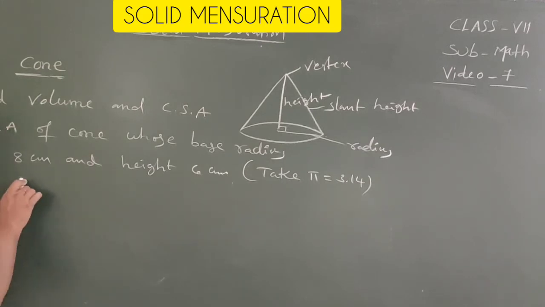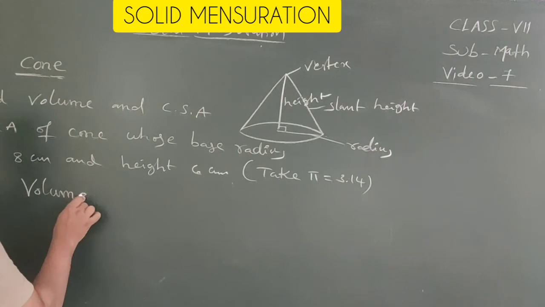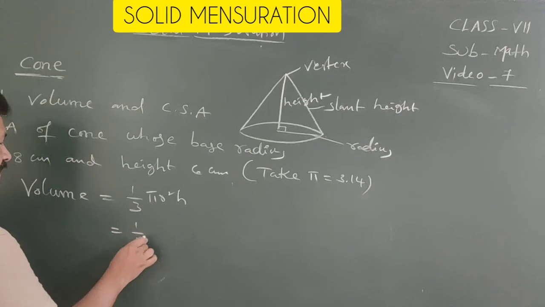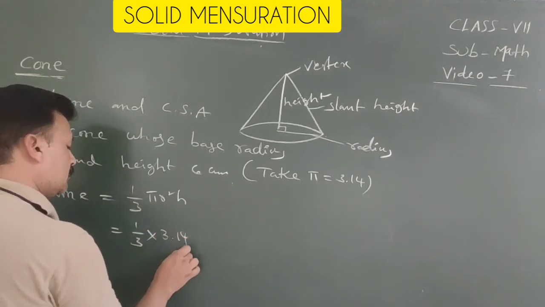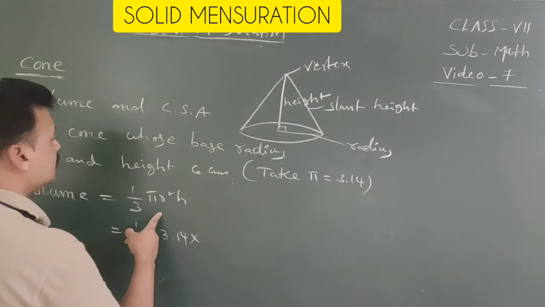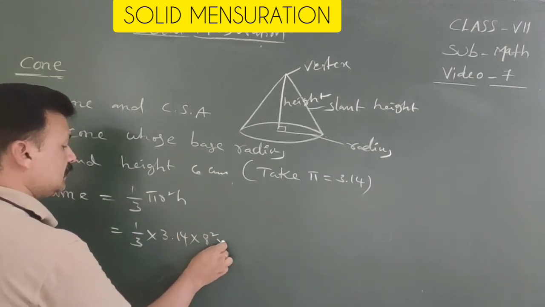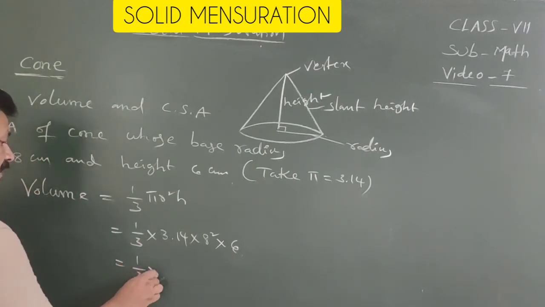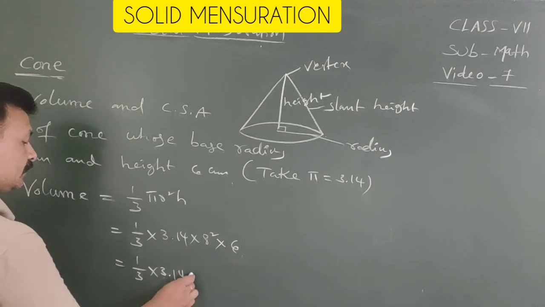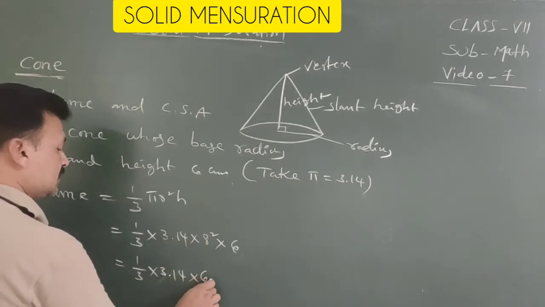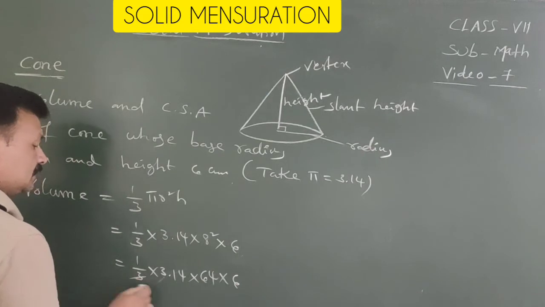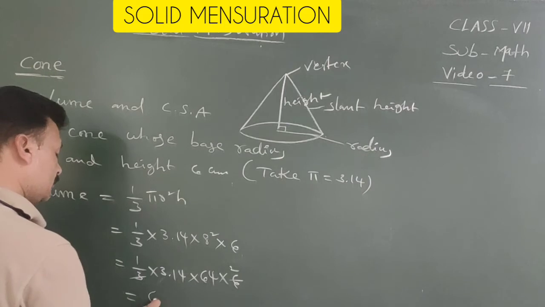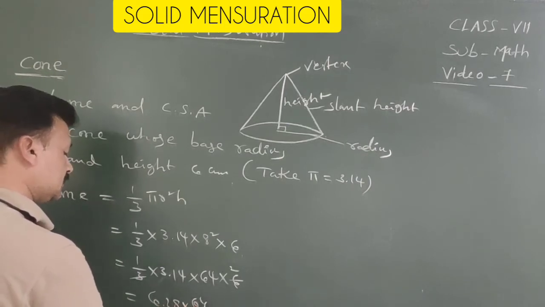So first, volume is 1/3 pi r square h. Here pi is 3.14, r square means 8 square, and h is 6. So 1/3 into 3.14 into 64 into 6. Here 3 twos are 6, so 2 into 3.14 is 6.28, into 64.